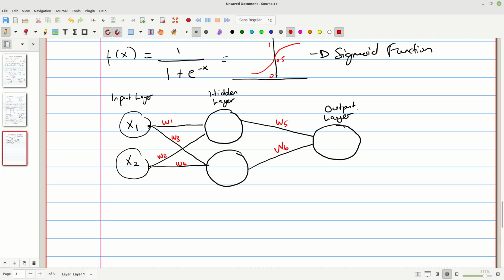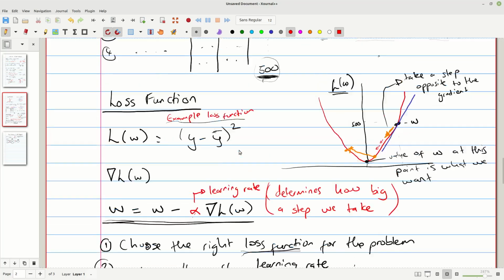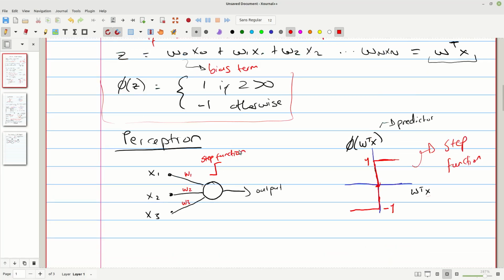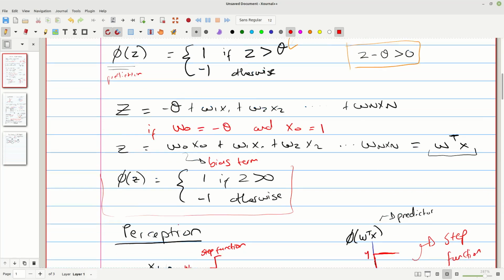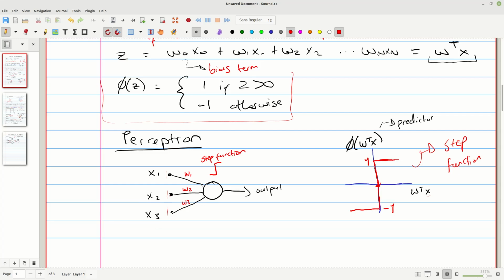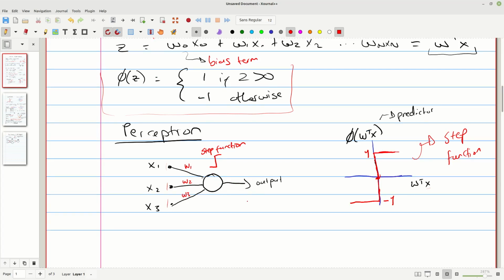As you can imagine, when we were dealing with a perceptron, let me go back to that example. We had these three features of ours, x1, x2, and x3, and they had their corresponding weights going into a neuron, which then generated an output.